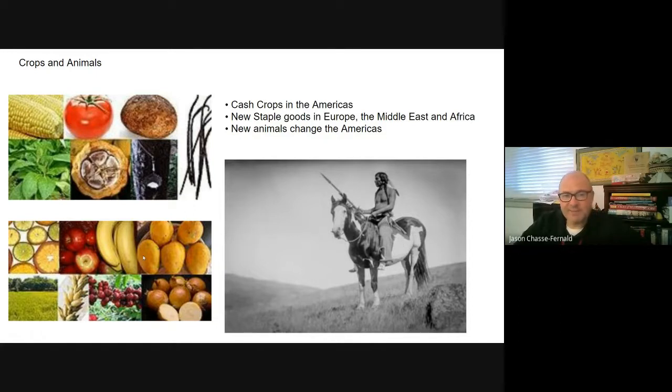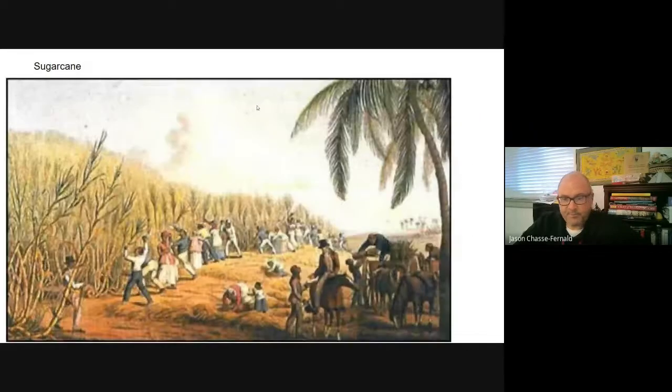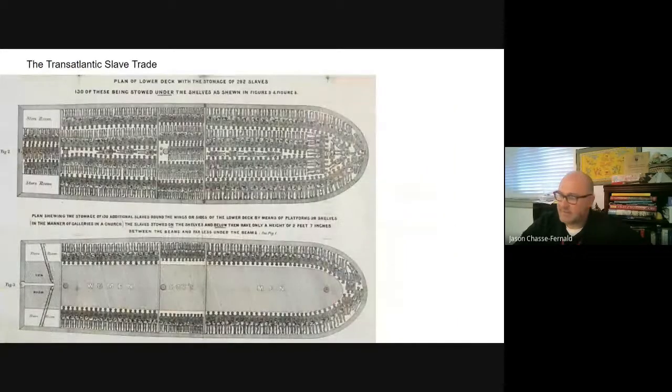As well as some of the crops. Some have a more significant impact than others. Of course, sugarcane is a major part of the story. It is not only a luxury good, but also the primary driver of demand for the Atlantic slave system, and this is part of the Columbian Exchange as well.